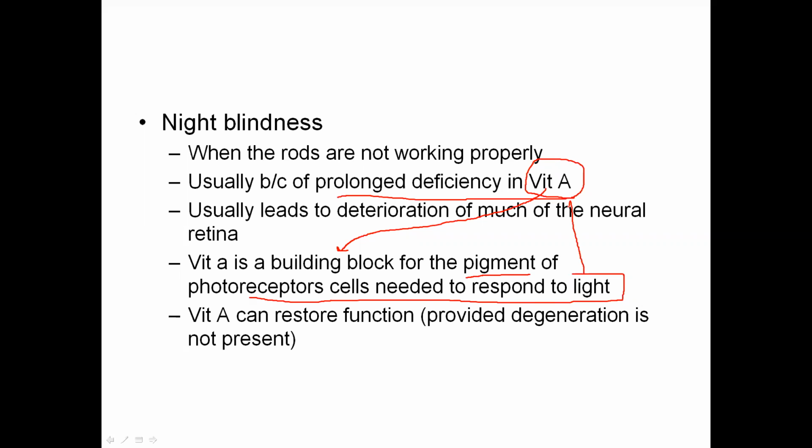So if you don't have vitamin A, you start to hurt the photoreceptors over time. If you take vitamin A, it can restore function. Now there are limitations to that. If it crosses a line, you might not be able to get it back.